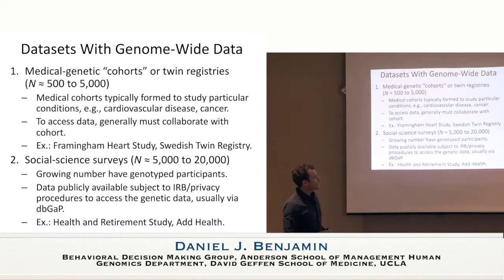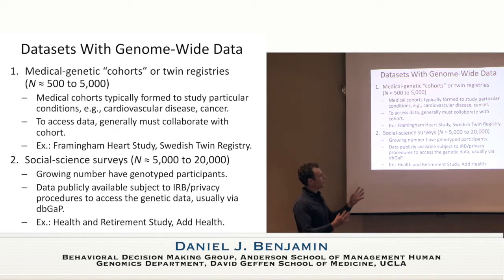Second kind of data set are social science surveys. So this is in the last 5 to 7 years or so. Some large social science surveys have started to genotype their participants. Health and Retirement Study was an early adopter. The Add Health sample that you're going to be analyzing was also relatively early in getting this kind of data. Today, there's also the Wisconsin Longitudinal Study, English Longitudinal Study of Aging.